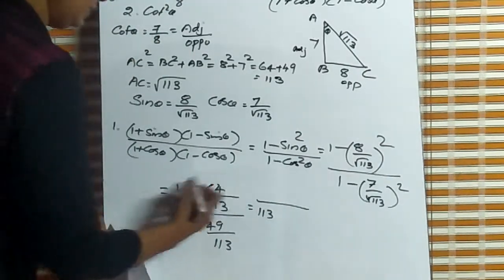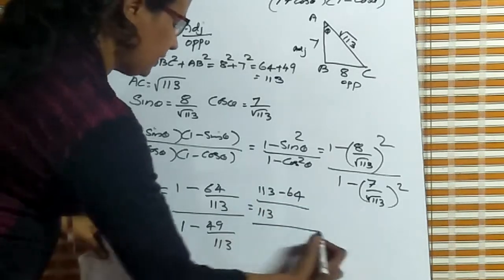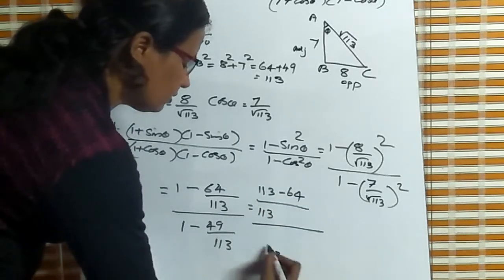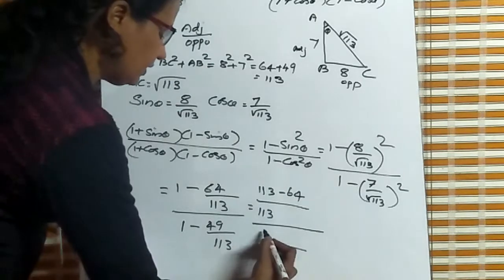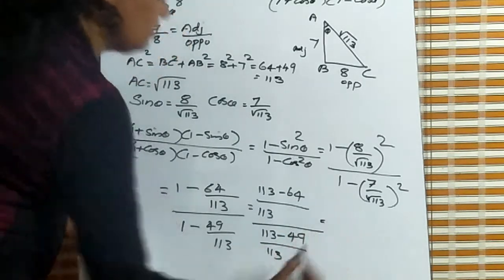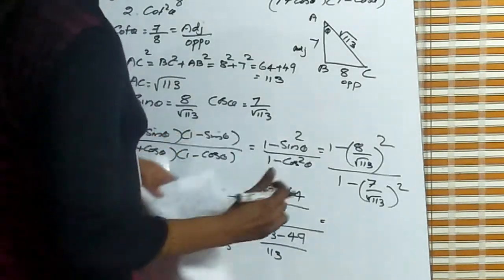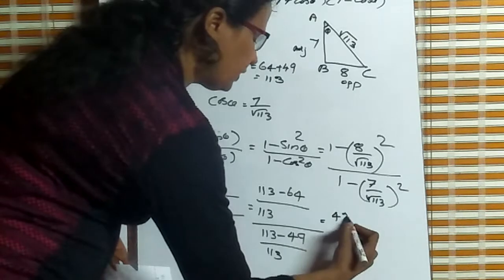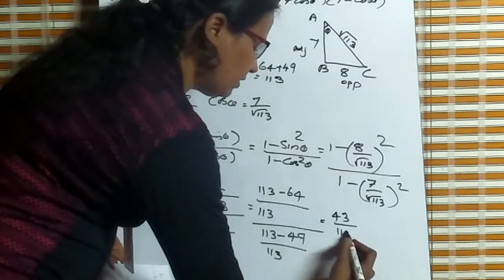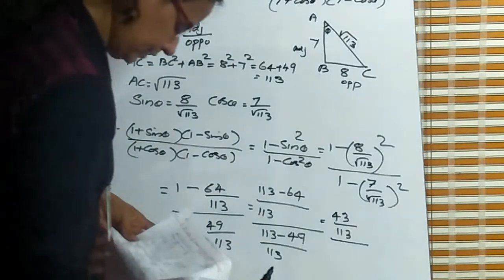In the numerator, 113 minus 64 divided by 113, and in the denominator, 113 minus 49 divided by 113. What is 113 minus 64? It is 49.